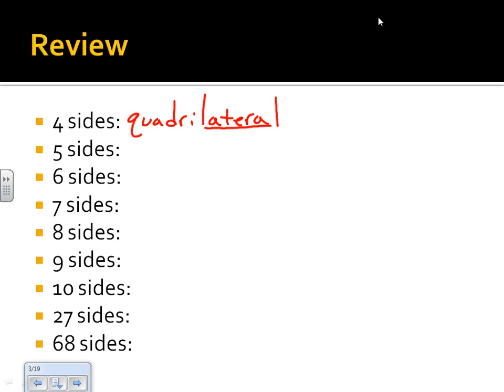What do we call a 5-sided figure? Pentagon, just like DC. Do you know what 6-sided is? Hexagon. Not quite. It's hexagon with an X. Close. Hexagon.